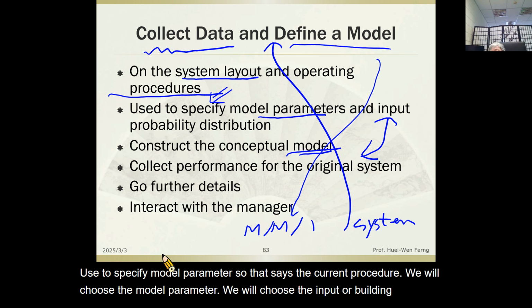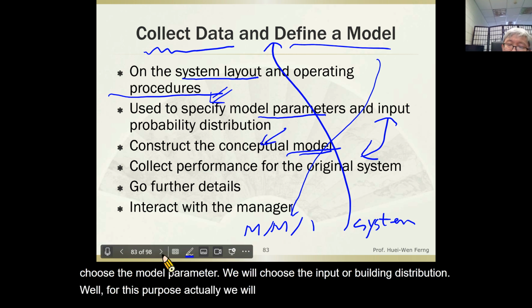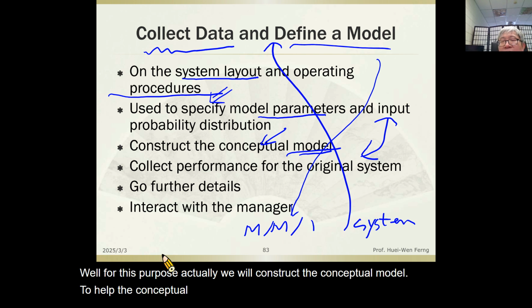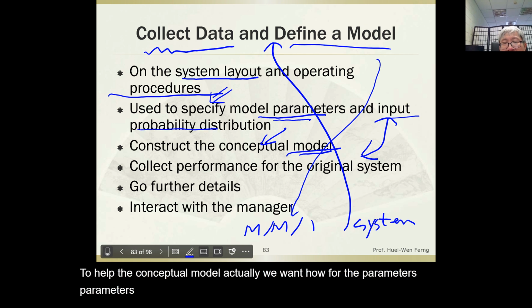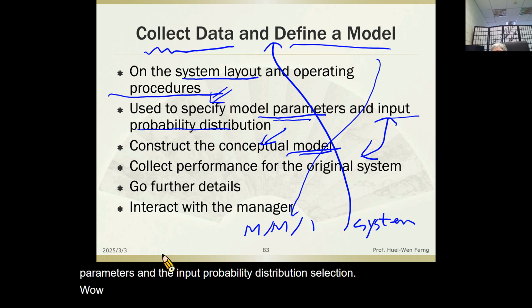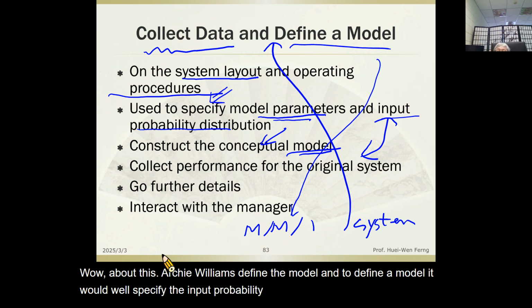Well, for this purpose, actually, we will construct the conceptual model. To have the conceptual model, we will have the parameters and the input probability distribution selection. Well, about this, actually, we will define a model. And to define a model, we will specify the input probability distribution and the model parameters.